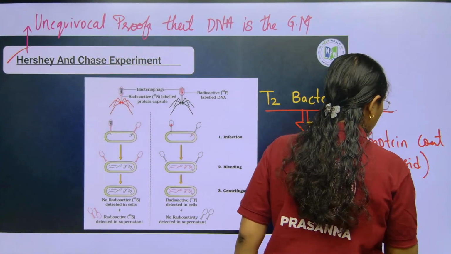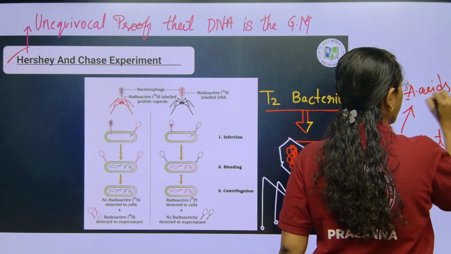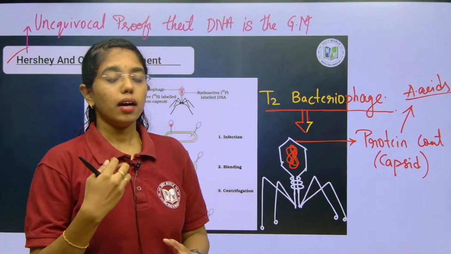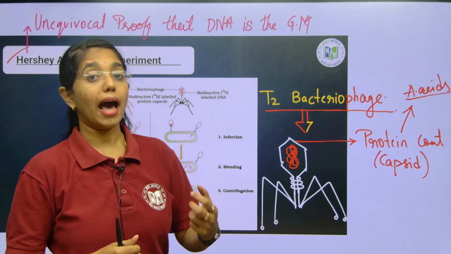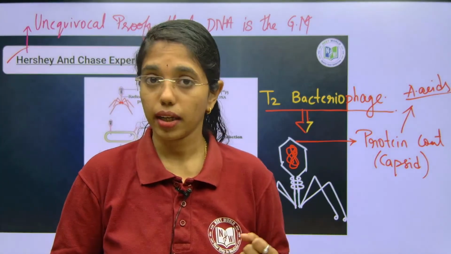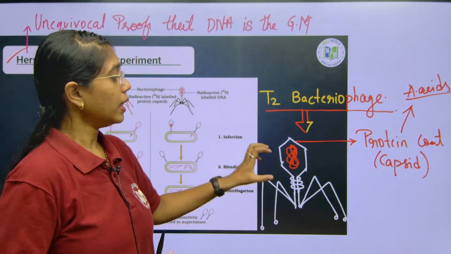It consists of what? Amino acids, right? We have come across many types of amino acids, be it aliphatic amino acids, aromatic amino acids, sulfur containing amino acids like cysteine. Likewise, we have come across many amino acids.